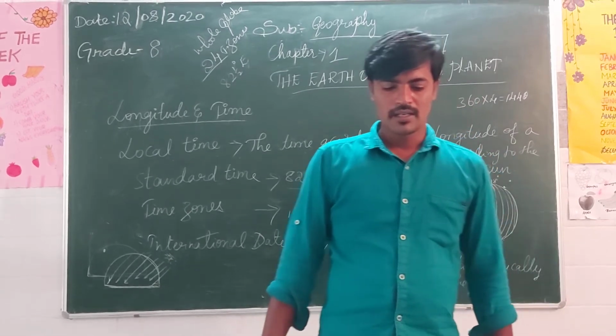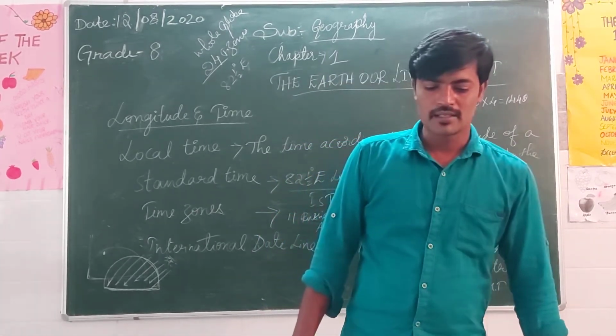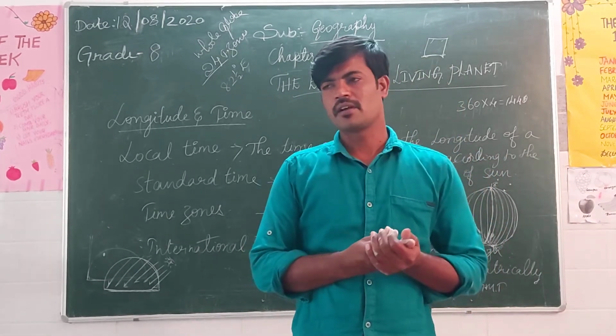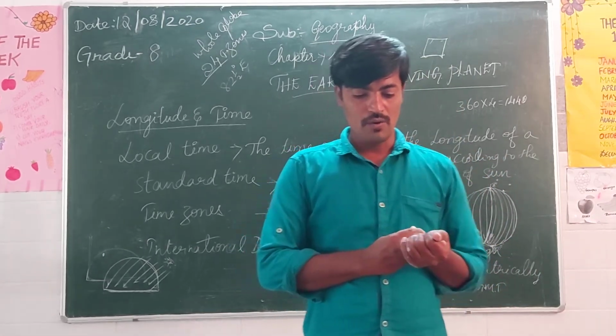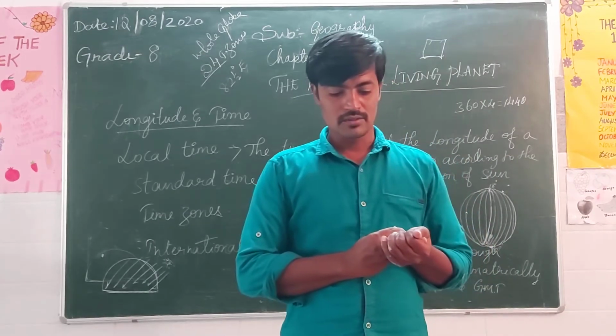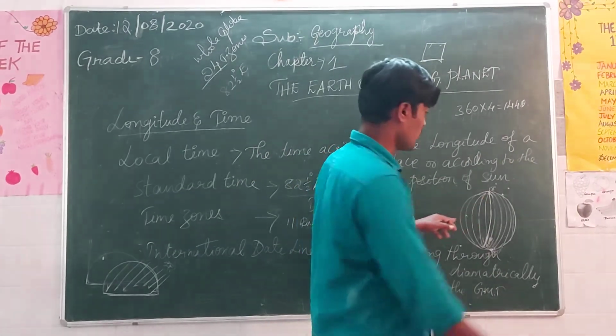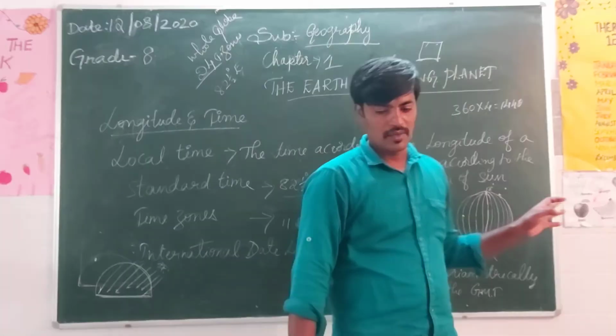This gives rise to a time difference of 4 minutes per degree. Now how can we calculate this? We have 360 meridians.